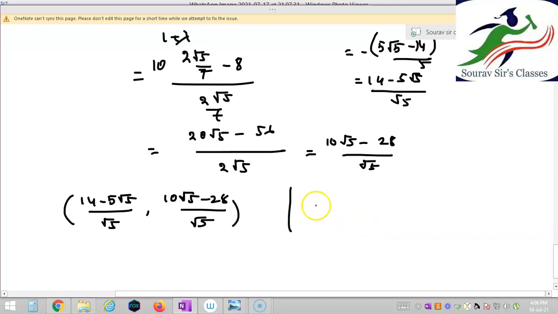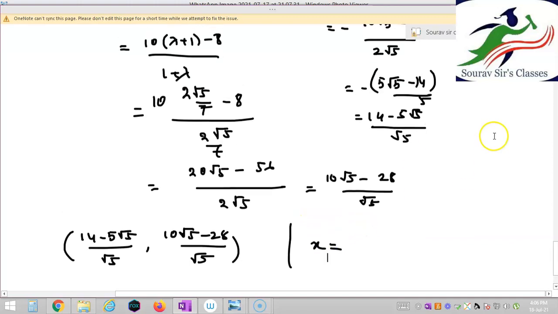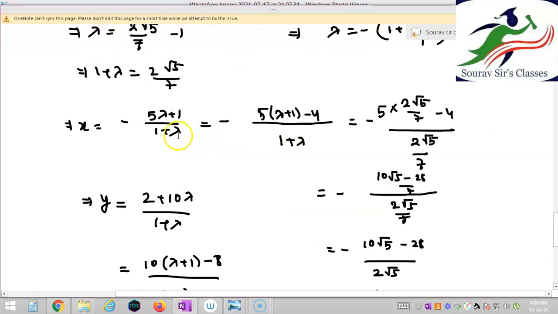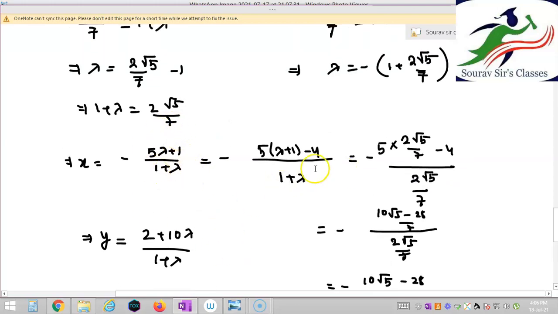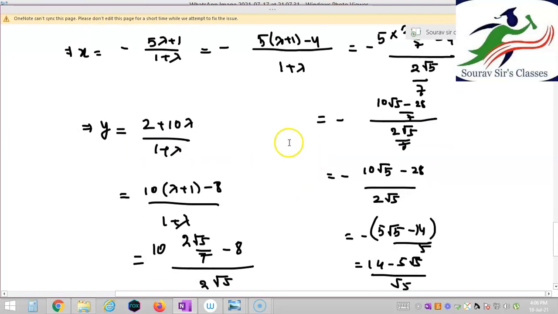So x is equal to minus 2 minus 5 into lambda, this value, right?